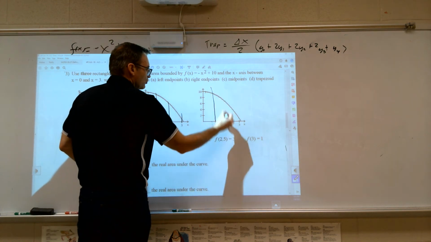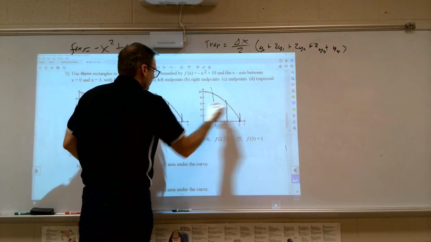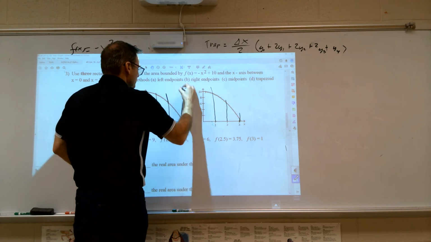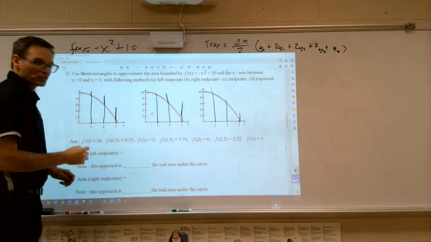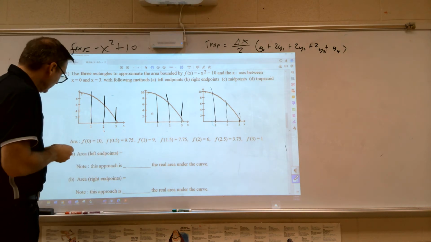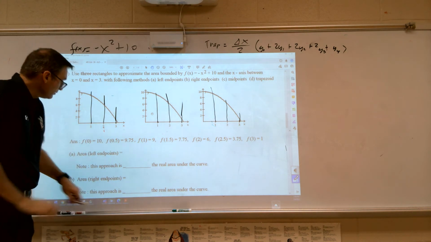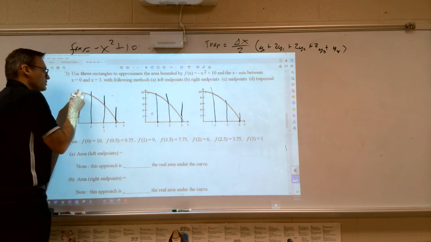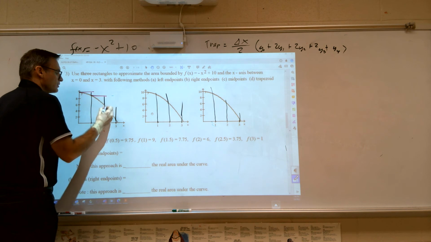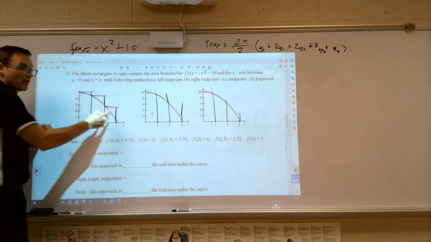Actually, I did not follow the rules I normally pick. What I told you to do is always extend it above the graph, because you never know if you might need a line up there. So for part A, it says get your height from the left. All right, well, that's fine. I do this, I do this, I do this. I've got my 3 rectangles.